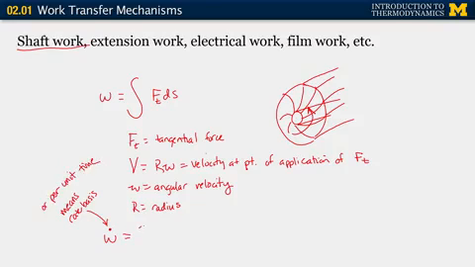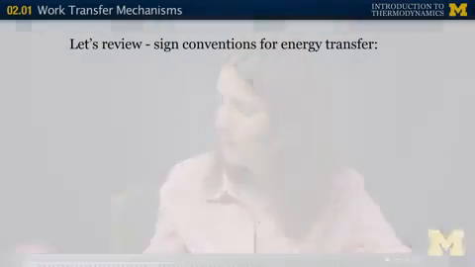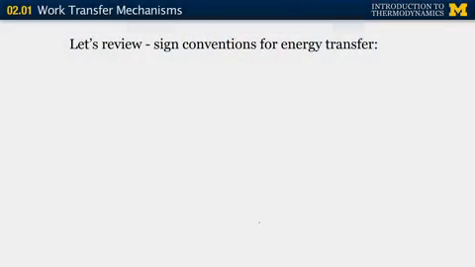And after we go through that exercise, I'll use a script T here to denote the torque. We find that the power generated for a shaft is simply the product of the torque times that angular velocity. Okay, so again, that's the only other work term that we're going to care about in detail in terms of the expression, because we want to know typically how to correlate the angular velocity with the power out of the system. So let's review. We talked about sign conventions in the previous lecture too.